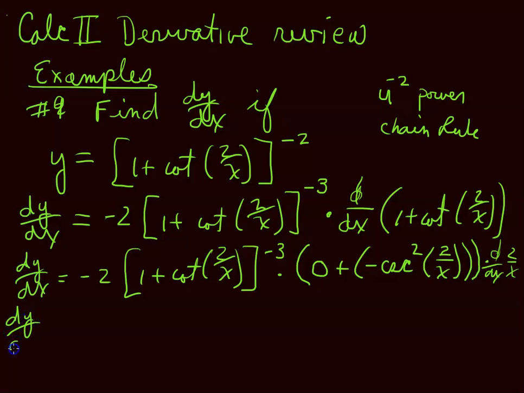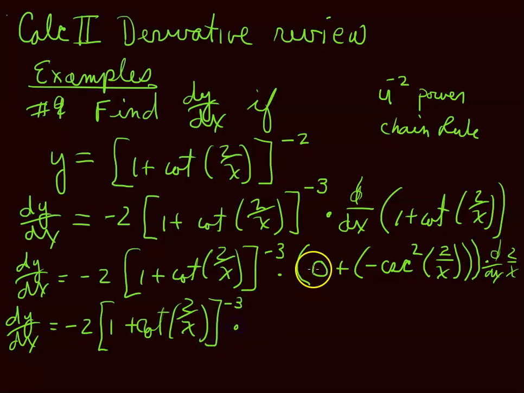dy dx. So negative 2, 1 plus cotangent, excuse me, 2 over x to the negative 3rd power times, well, don't times 0, 0 plus is just going to be this other stuff. Negative cosecant squared 2 over x times, what's the derivative of 2 over x?